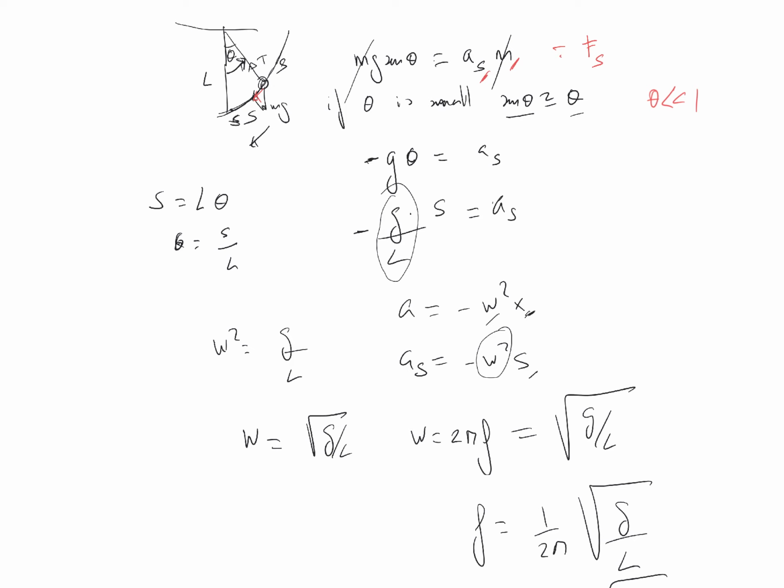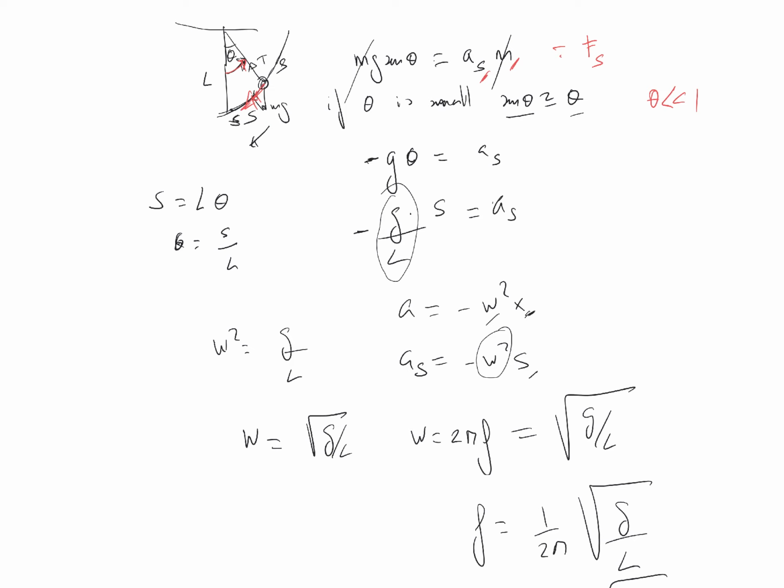So in the equation that we are going to write, this minus comes from the fact that when theta is positive, the acceleration is negative. The acceleration is going in the opposite direction of the positive theta.